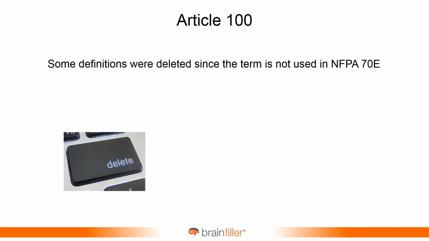With the 2021 edition, yes, there were some revisions and modifications, but some other things happened. Some of the definitions were actually just deleted from NFPA 70E. You may think, deleted? Why would you do that? Well, it's just that terms weren't being used. There were some terms in the definitions that weren't being used, so they were just removed from NFPA 70E.